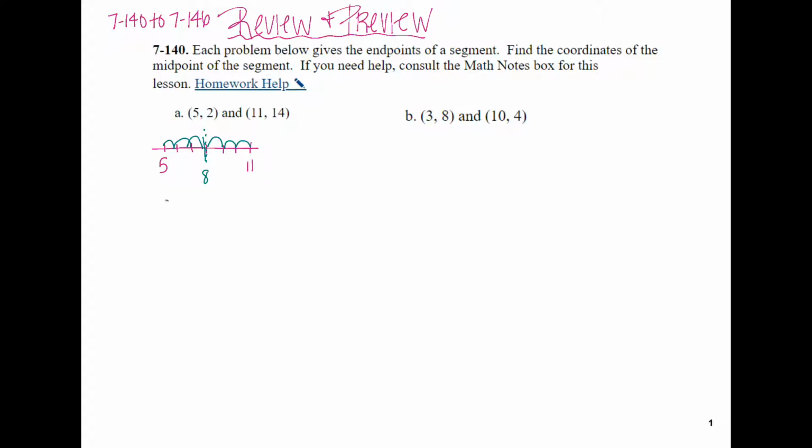We can also take 5, add it to 11, and halfway between 5 plus 11 is 8. We can then find the y-coordinate of our ordered pair, or where this will be on the coordinate plane, by doing the same thing. 2 plus 14 divided by 2, 16 divided by 2 is 8.